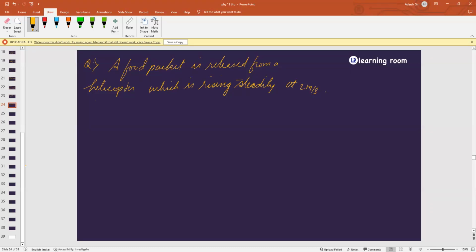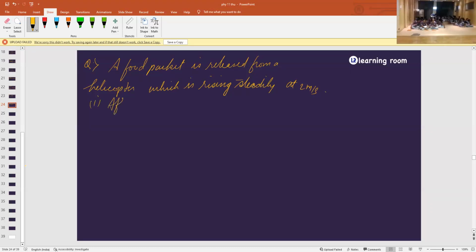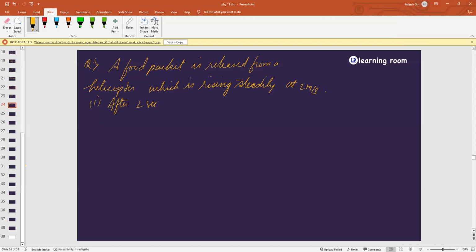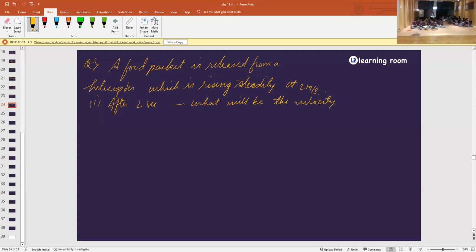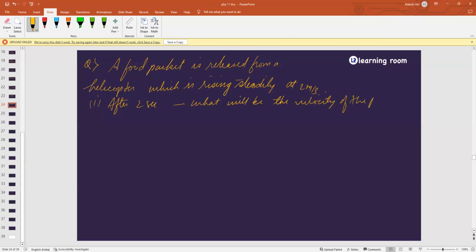So to find, after 2 seconds, what will be the velocity of the packet? This is the first part.